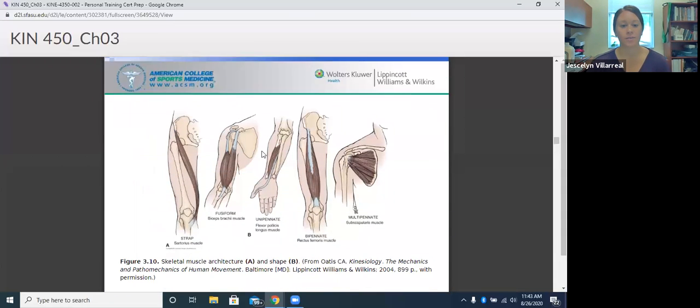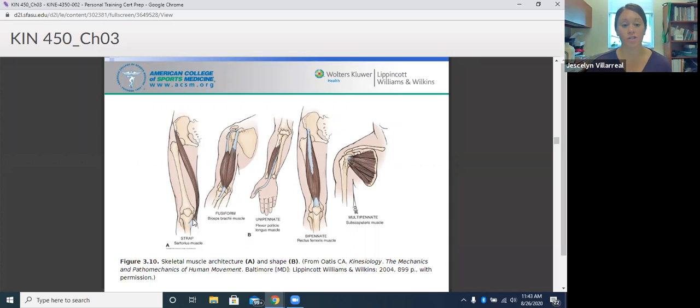Let's take a look at the muscles now here on figure 3.10. You'll see that the first one, A, is strap. Longitudinal muscles are strap-like. It looks like a strap with parallel fibers.